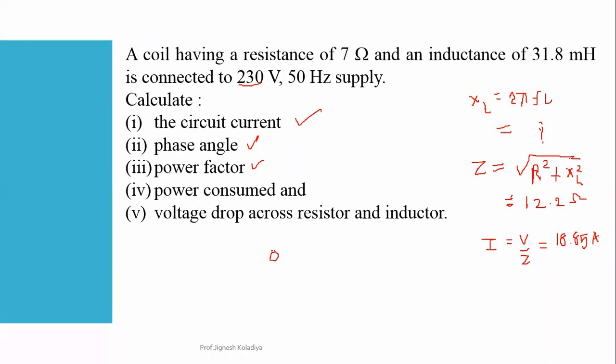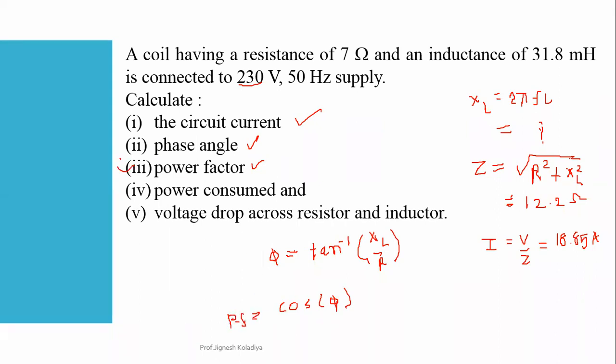So the phase angle phi, I am getting, is tan inverse of XL upon R. If you get phi, then directly take the cosine of that angle, you will get your cos phi. This is nothing but the power factor.